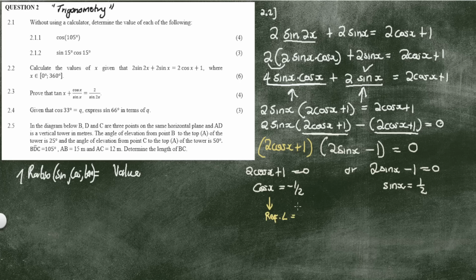The reference angle for this 0.5 for a half of cos gives me 60 degrees. And the reference angle for this one is going to be 30 degrees.